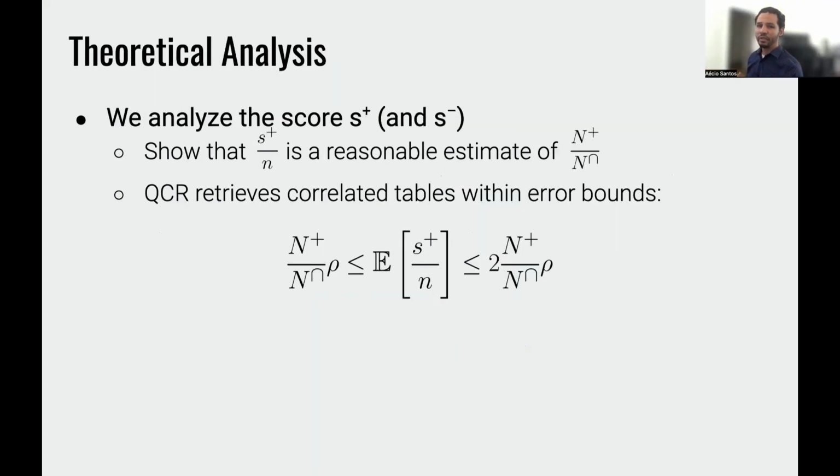And in the paper, we have also some theoretical analysis that shows that this score is actually a good approximation of the QCR correlation that we are trying to optimize.